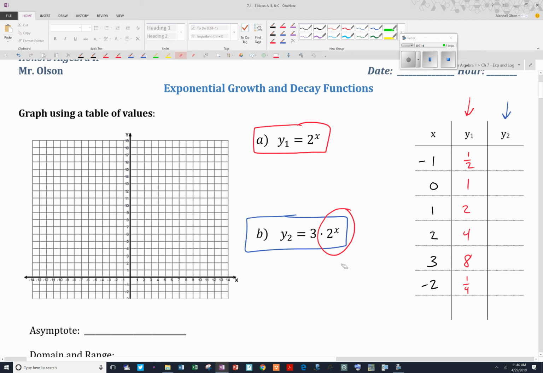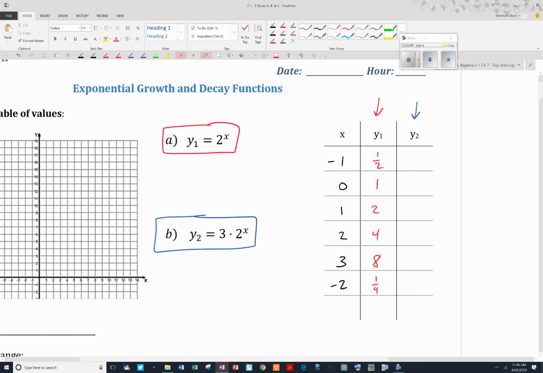In other words, the y sub 2 function is really just the y sub 1 function times 3. So I'm going to multiply all those values by 3 and get 3/2, 3, 6, 12, 24, and then 3/4.